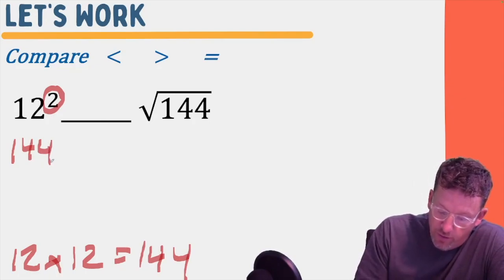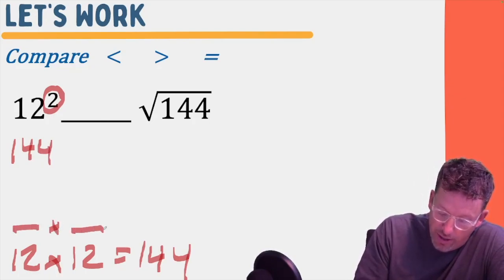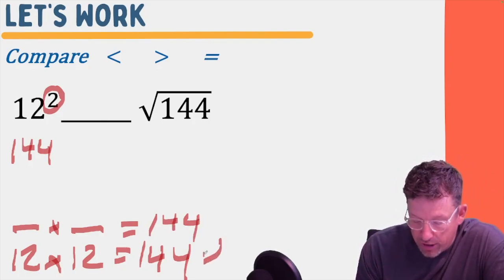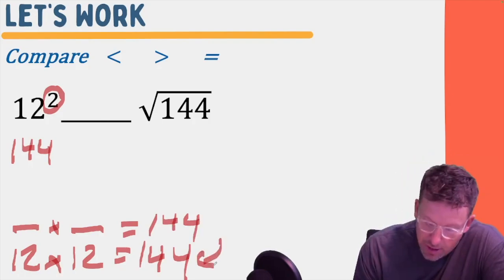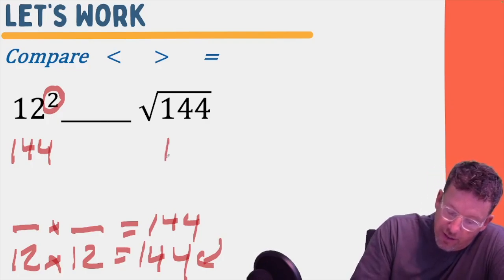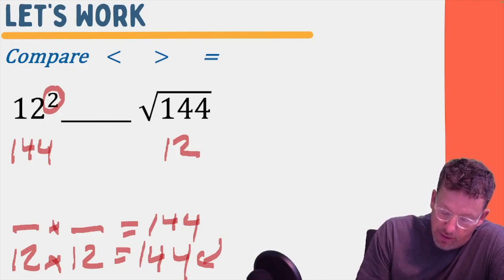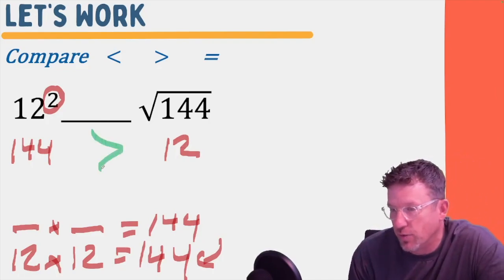The square root of 144 simply says what times what equals 144. Well, we already solved that moments ago. What times what equals 144? That would be 12. And guess what? We have two integers that we can compare. When we compare them, we find out that 144 is definitely bigger than 12.